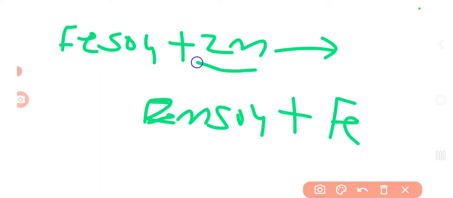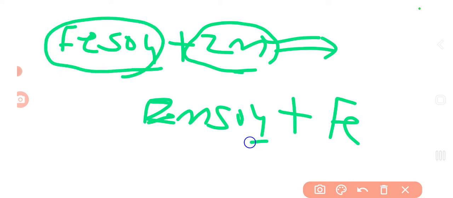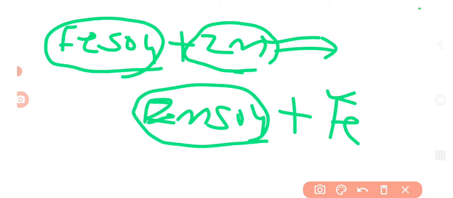When zinc metal reacts with ferrous sulfate to form zinc sulfate and iron, because the zinc element is more active compared to Fe, the zinc element replaces the Fe from ferrous sulfate. Another example is CuSO4.